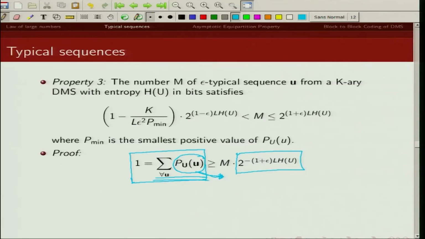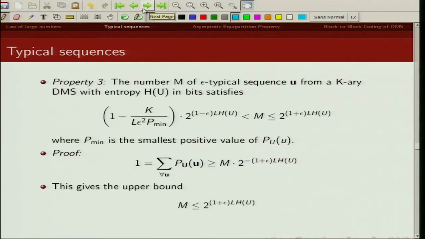So I can write that M times this quantity is less than or equal to 1, and from here I get the condition that the number of typical sequences is upper bounded by 2 to the power (1 plus epsilon) times L times entropy of U. So, this proves this condition.